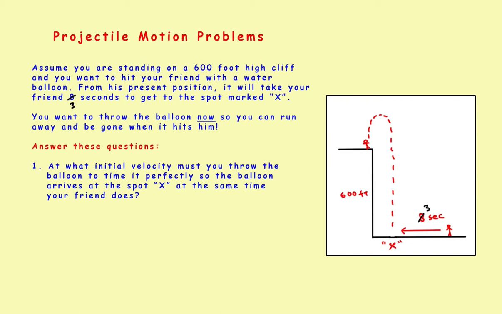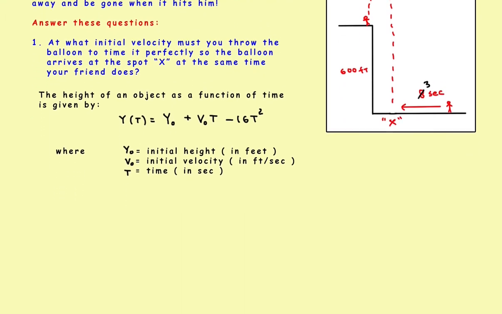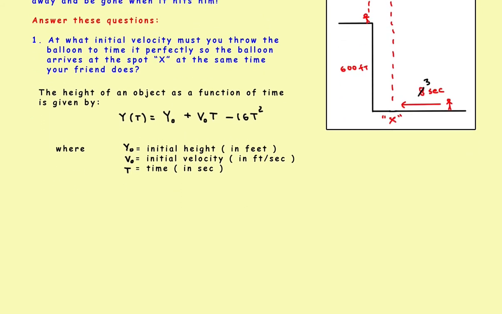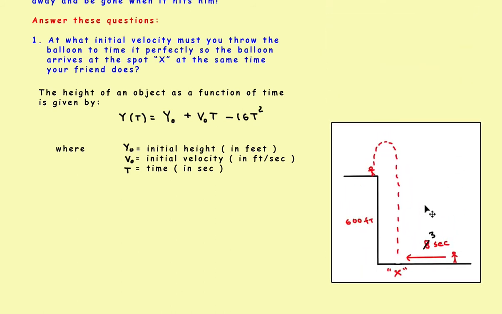First of all, we use the same formula, so we'll put that formula on here. The question is still, what is that initial velocity if you only had 3 seconds? So we'll scoot down to here, and again, I'll move the figure down where we can keep it in sight.